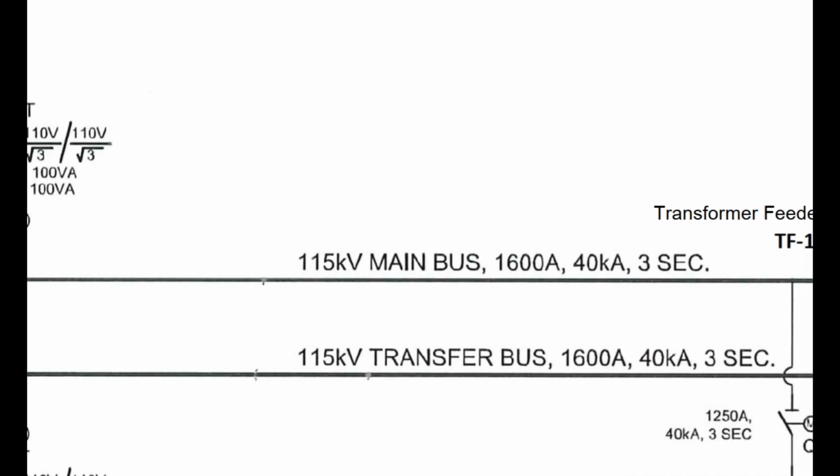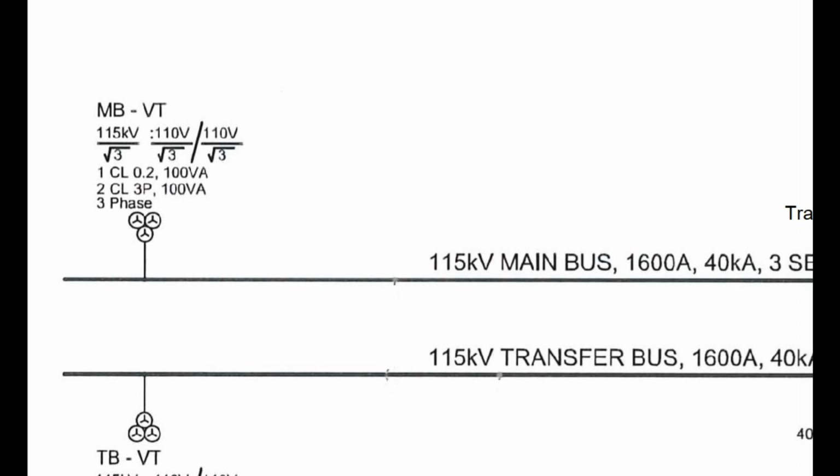This is the bus VT, because this VT is connected to the bus. The VT ratio mentioned here is 115 kilovolt divided by root 3 to 110 volt divided by root 3, and both have the same ratio.